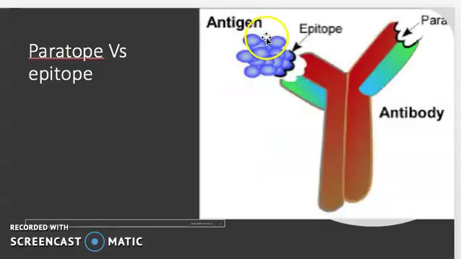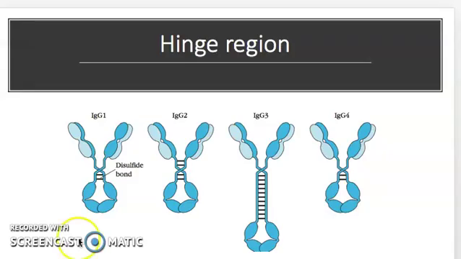But so, like I was saying, you have your antigen, and it has the epitope, and then you have the paratope, and that's going to be in the variable region. So this is a good view. These differences, IgG1, IgG2, IgG3, and IgG4, those are allotypic differences because of the Fc region, but we're going to be looking at the hinge region right here.